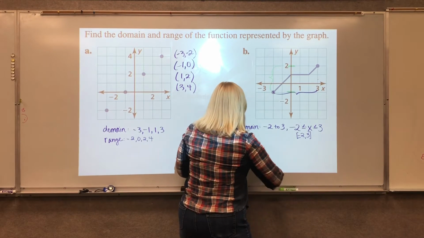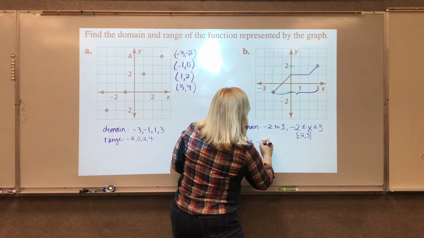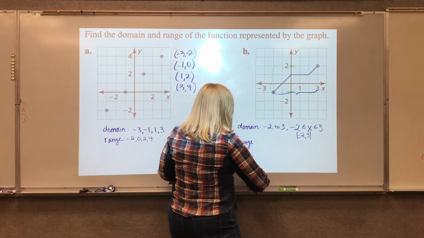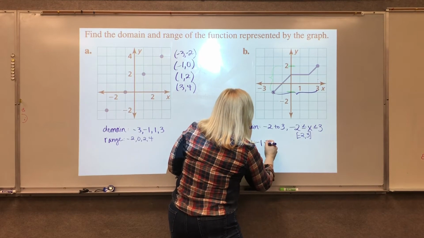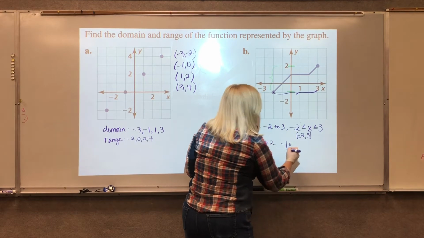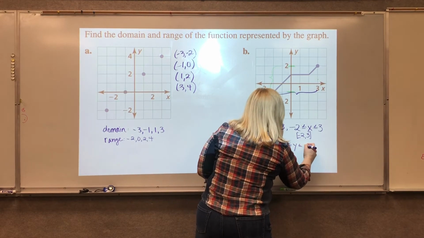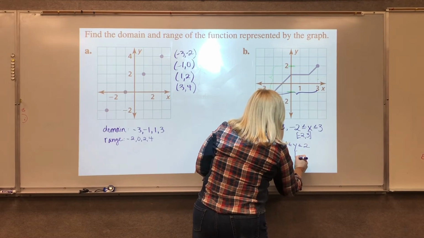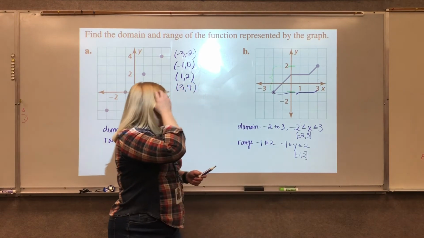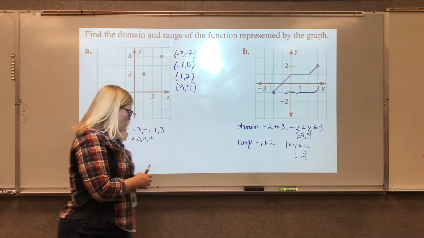So my range, I meant negative 1 to 2. So it would be negative 1 less than or equal to y, which is less than or equal to 2. And in interval notation, it would be written like this. Okay? All right, so that's a little bit on domain and range.